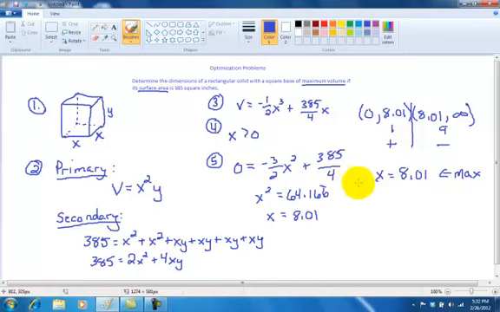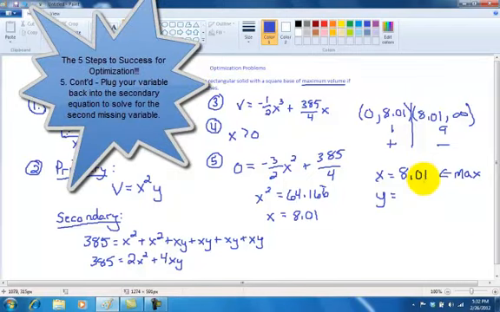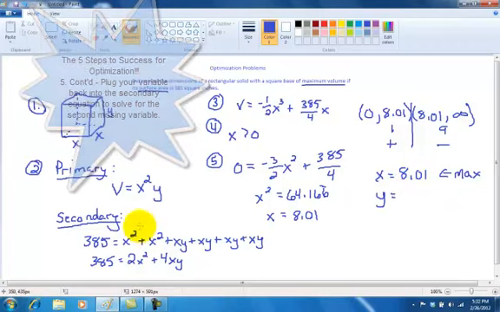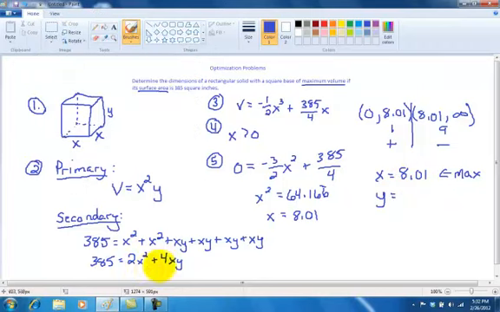Which means now we need to figure out what y is, because remember, the problem doesn't say what's x, it says determine the dimensions. Okay? So we need to plug 8.01 in for x into where? Into our secondary equation. Our secondary equation here will give us what y is after we plug it in.